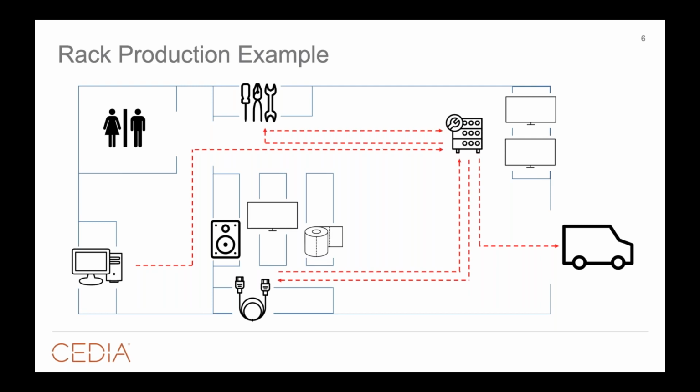There's a lot of movement. There's a lot of time spent that really, frankly, isn't being invested in specifically creating that rack. You're spending time walking around, grabbing things off shelves versus actually doing an assembly process.